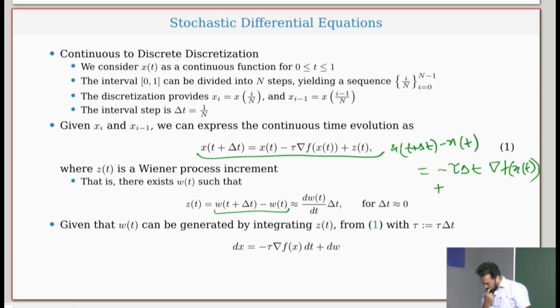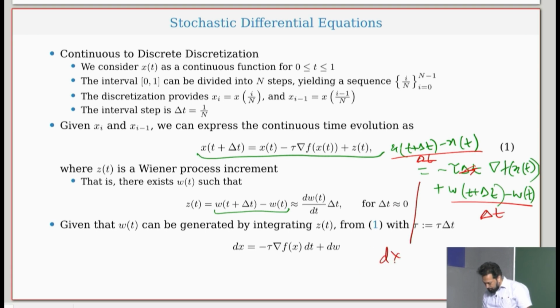Let us write like this. Okay, W t plus delta t minus Wt. Now I can divide by delta t on both sides, so this goes away, and there is a delta t here. So overall what I get is dx by dt.